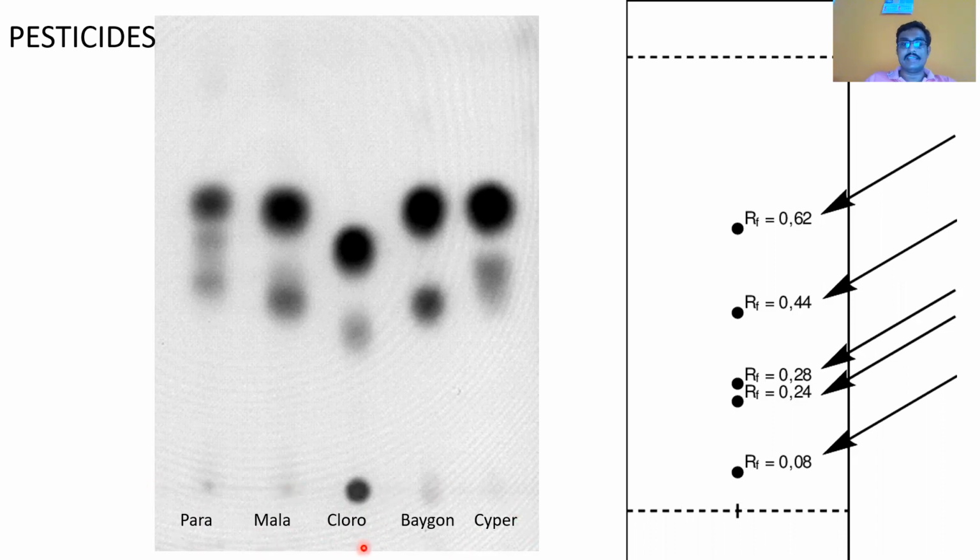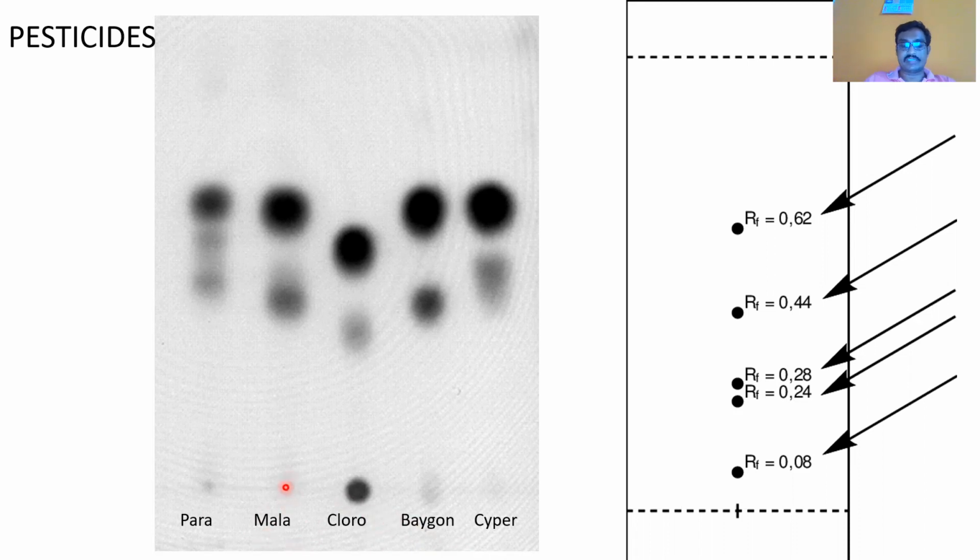And there again, they can easily be separated and visualized on a TLC plate. Here you can see how parathion and malathion, even though they have a similar functional group, the two major spots are very different. Organochlorides and carbamates and cypermethrin, just these examples, you can see how they are varying.